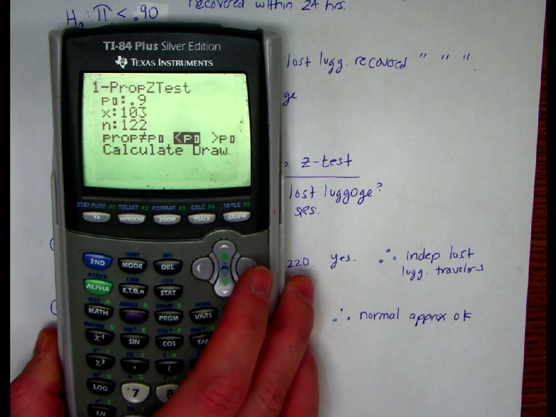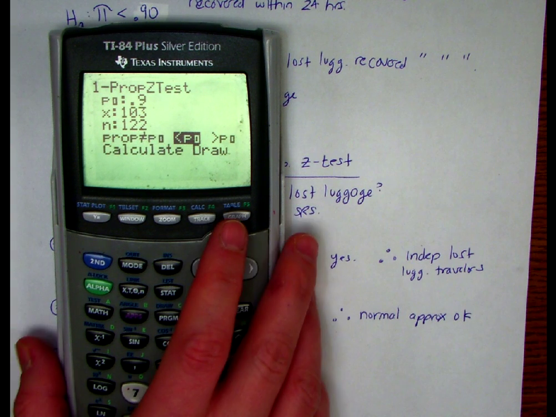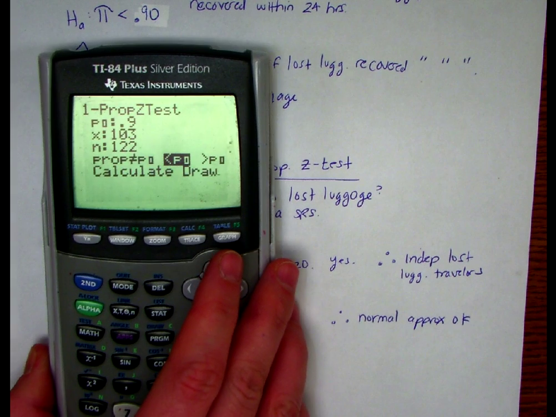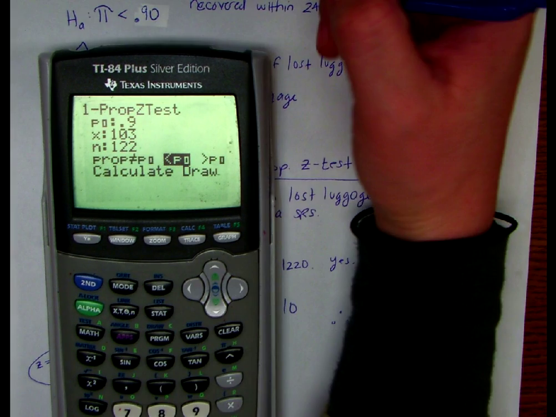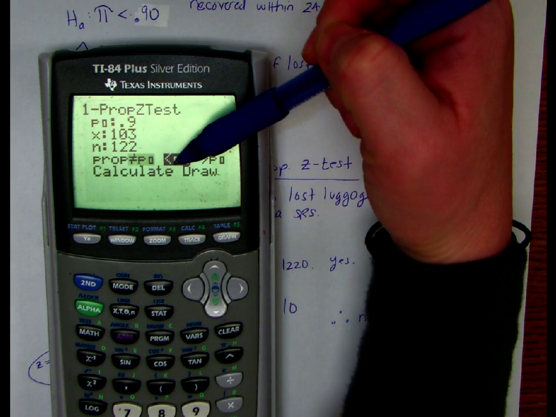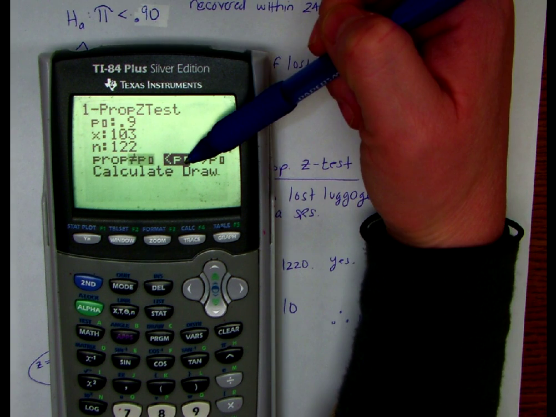That's what you're going to put in the calculator, 103, 122. And now, they say it's a less than, right? Alternative is less than. So just take this sign that's less than, that's in the alternative, and just match it up with that. Don't do too much thinking. If that's a less than sign, you highlight a less than right there.